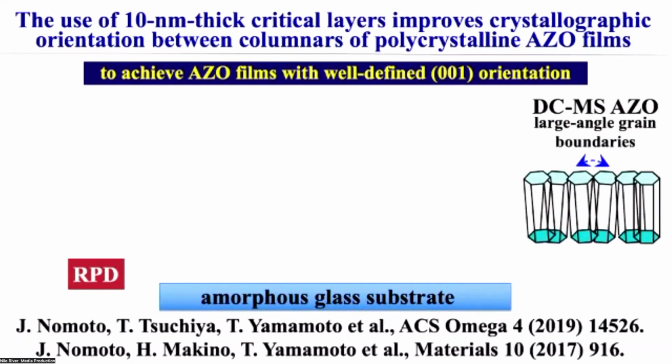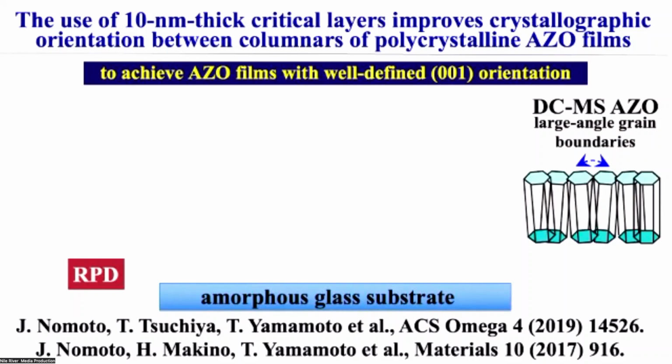DC magnetron sputtered aluminum-doped zinc oxide films show large-angle grain boundaries, reducing the carrier transport at the grain boundary.